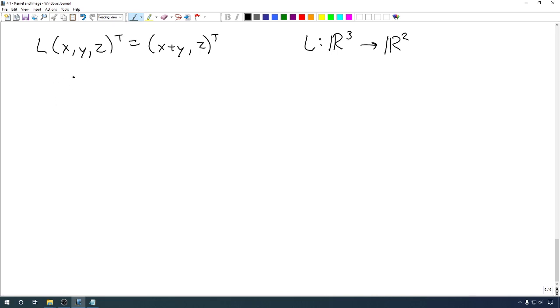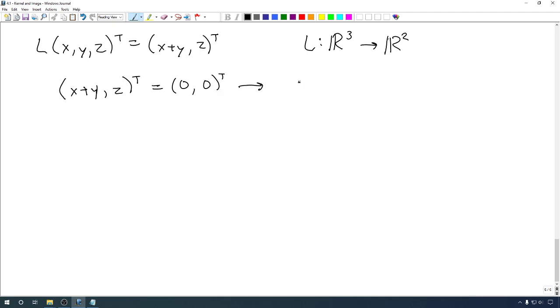Well, what happens if we set this thing equal to 0? So we want, in essence, (x plus y, z) to be the 0 vector, that we get (0, 0) out. Well, of course, in this case, that means that the z had to have been 0 in the first place. But x and y don't have to be.